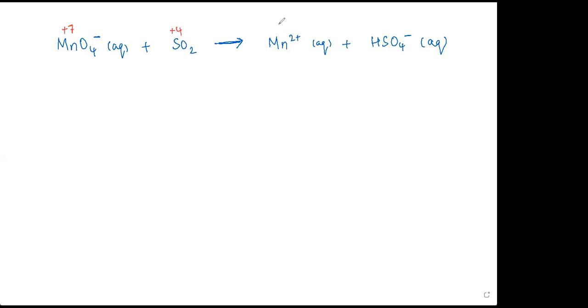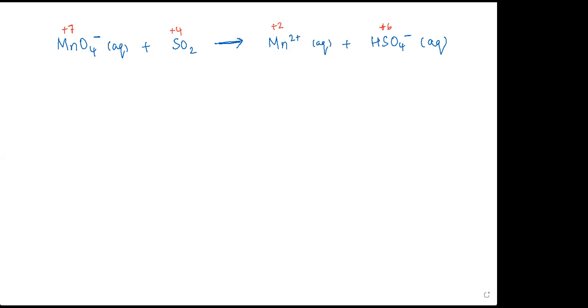Mn2 plus is plus 2 only. And in HSO4 minus, sulfur is plus 6.